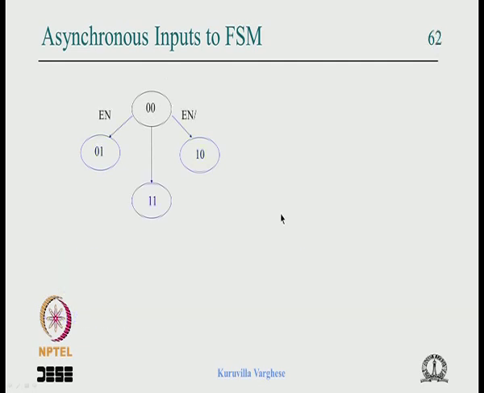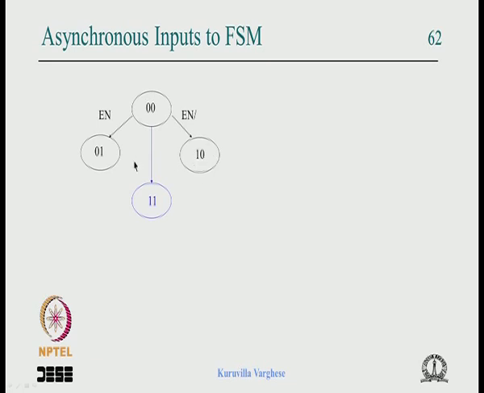The similar situation can happen when the state machine is in say 0 0 and enable is an asynchronous input. When it is 1 you transit to 0 1, when it is 0 the machine transits to 1 0.